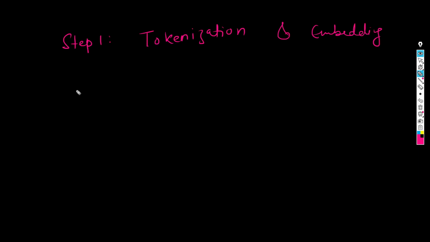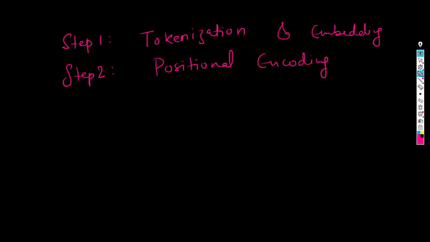The second step is positional encoding. Machines don't know the word order naturally. In order to help the model understand the position of each word in the sentence, we add something called positional encoding.